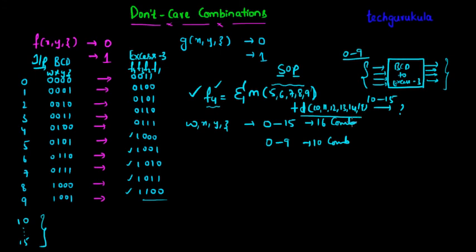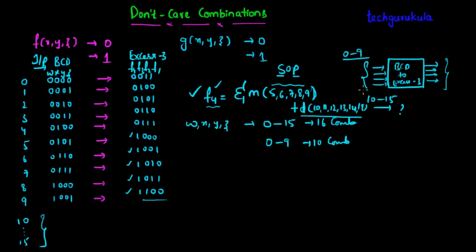The whole reason these are don't cares is that you'll never give inputs in those ranges, because after all the input should be BCD, and BCD is defined as 0 to 9 using 4 bits. So you'll never give 10 to 15. That's the whole point.